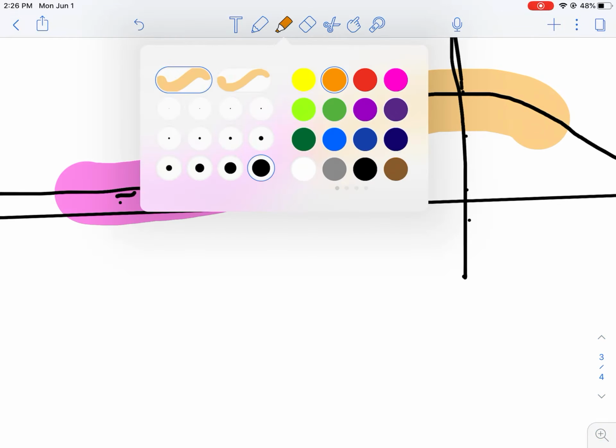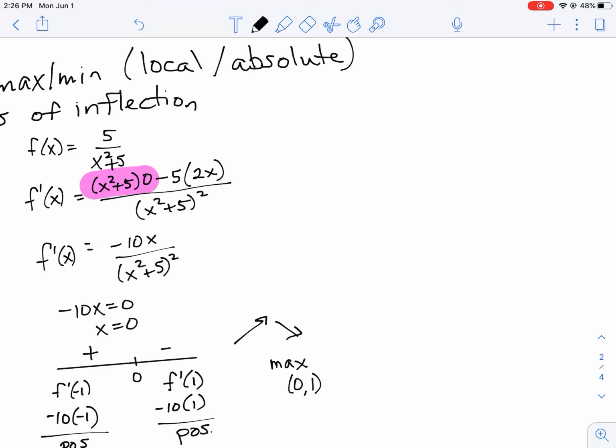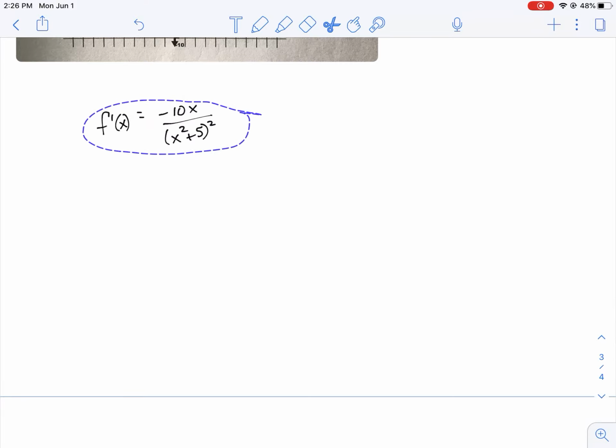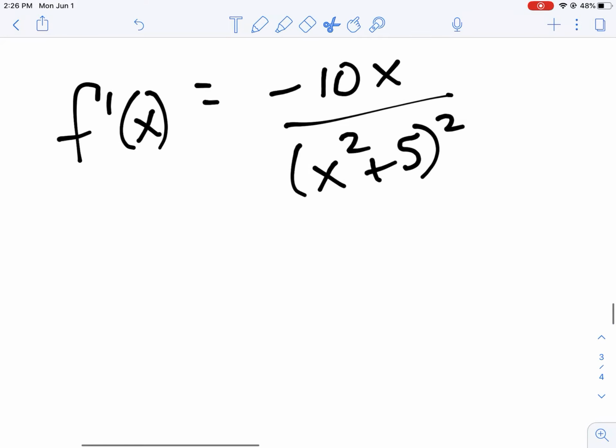So the points of inflection would be on either side of the y-axis. It didn't ask me to do that, but maybe I want to, and that would be the second derivative. So let me copy the first derivative down here and, just to practice, find our second derivative.